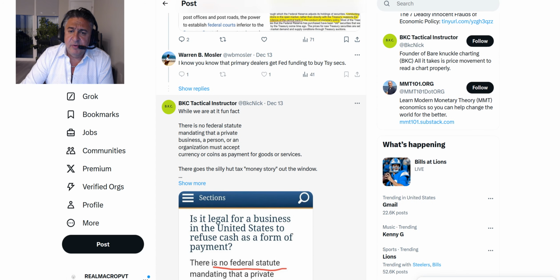"I know you know the primary dealers get Fed funding to buy Treasury securities." Okay, so let's talk about, and I said we would talk about this, let's talk about Fed funding. It's not Fed funding. Banks, if they don't have a sufficient amount of liquid assets, can repo. That means they have to put up all the collateral plus interest for the amount of the loan, and then the Federal Reserve can give them cash to go buy bonds.